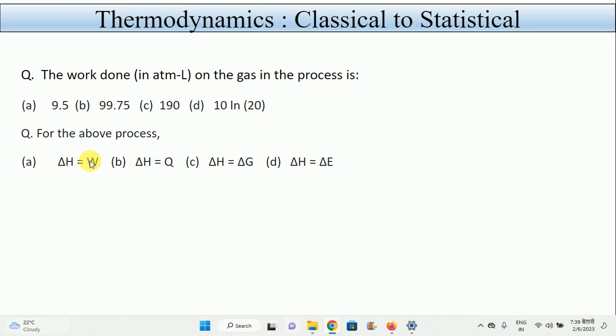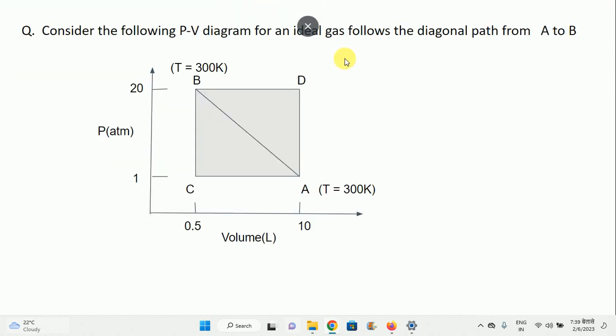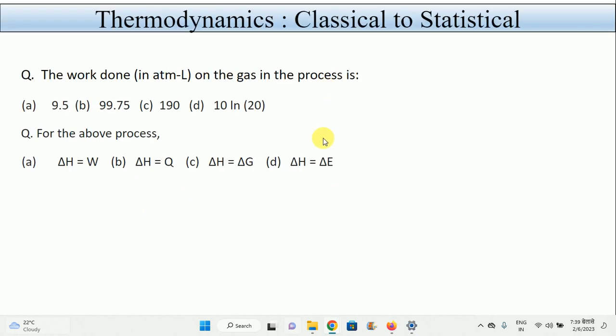So this is an isothermal process. For an isothermal process, delta U and delta H both are 0, that is delta E and delta H both are 0, so they will be equal only.